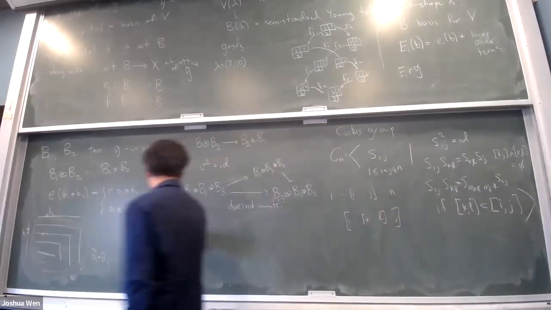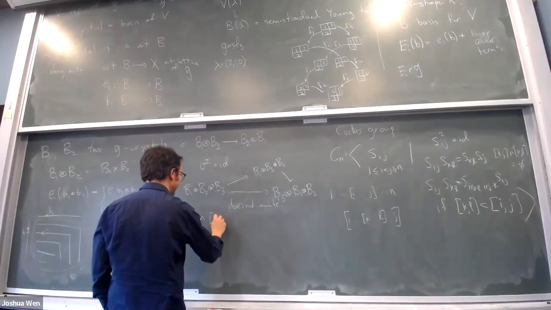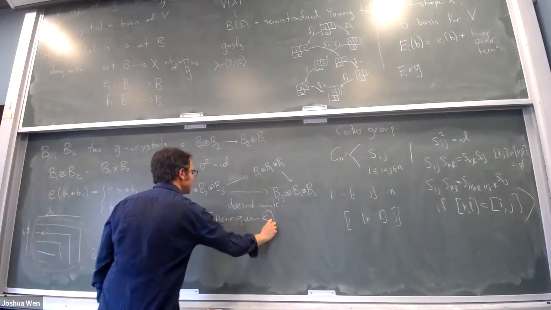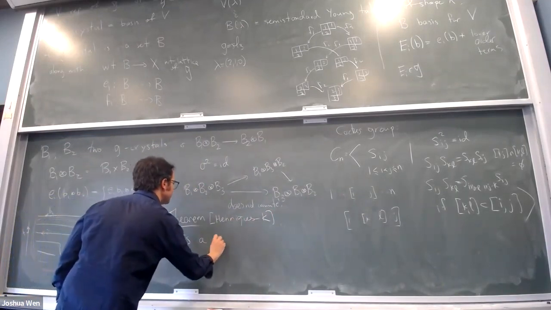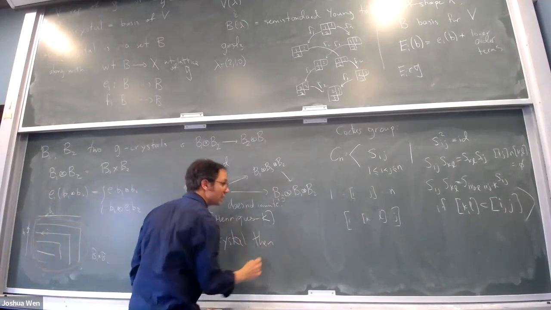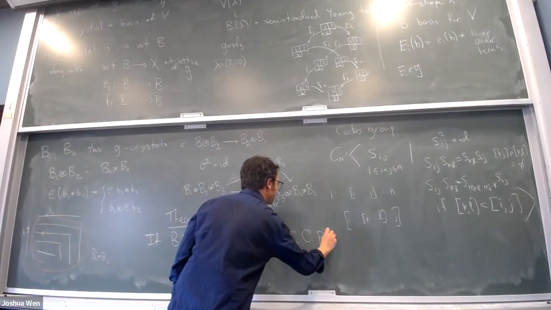And then the theorem, from a long time ago with Andre Henriques, is that this cactus group acts on the n-fold tensor product.